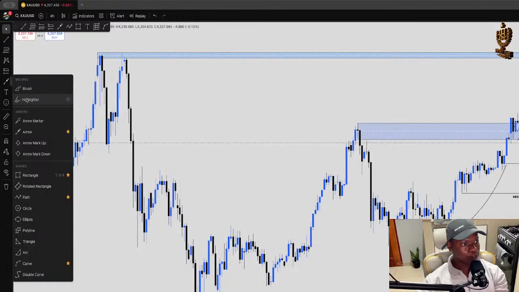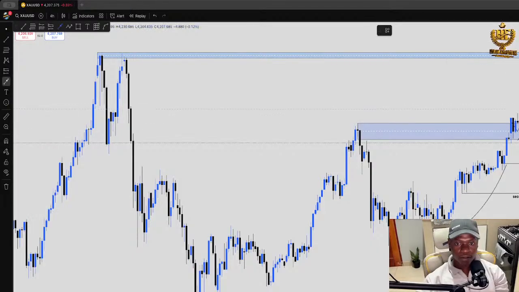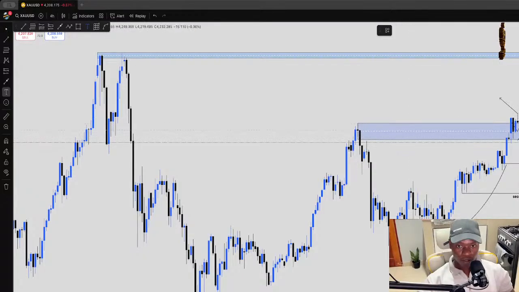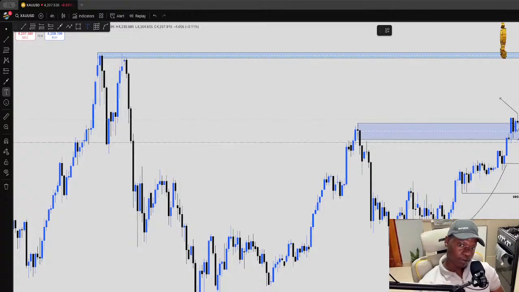Let me just label that. Then it made this hammer here. After that hammer, we saw this candlestick going inside the same level that we wanted to see it above, but it failed to keep being above it.